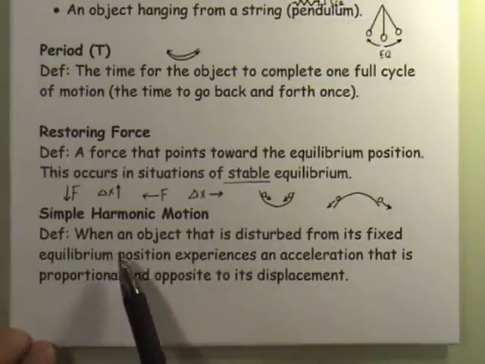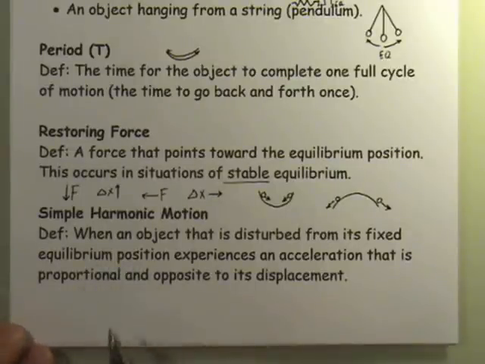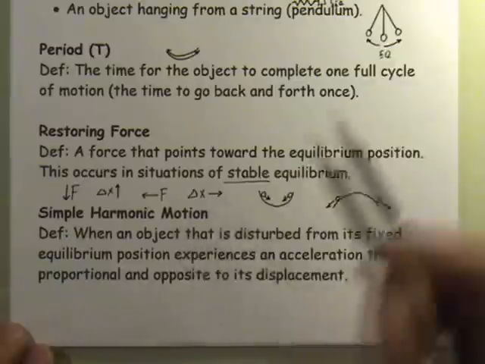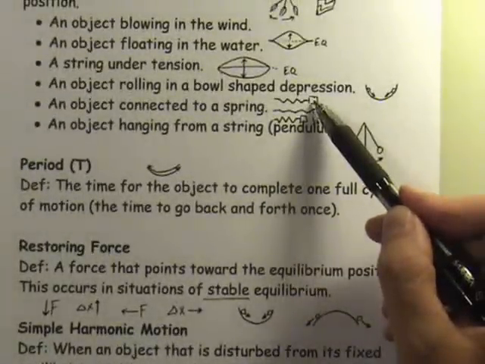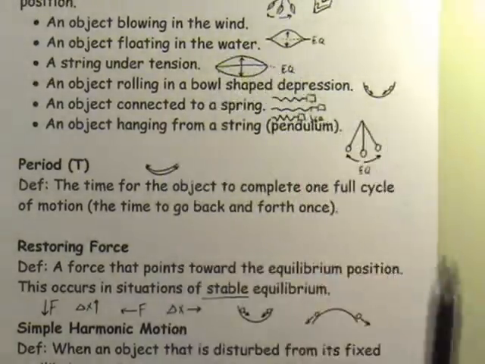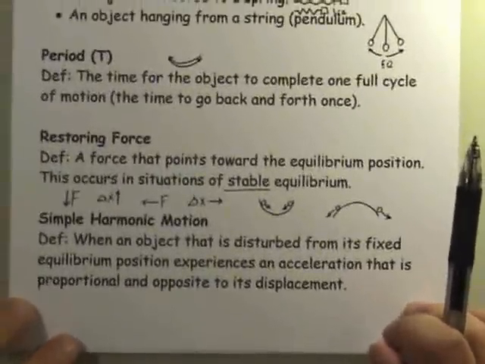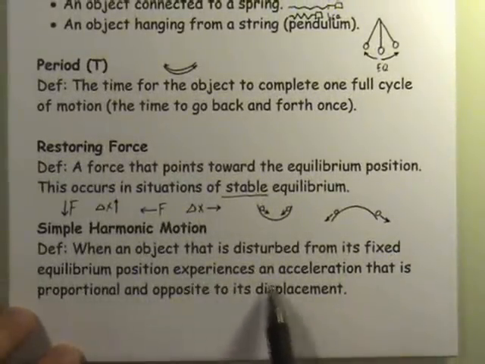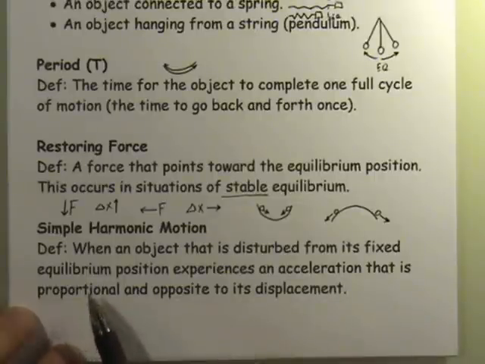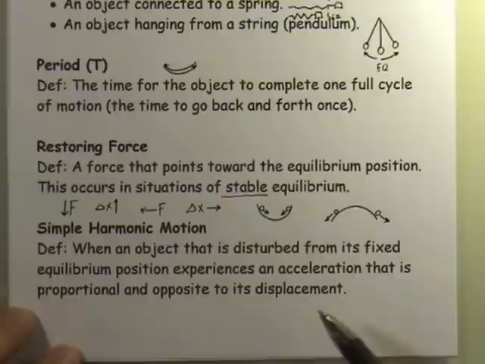The definition of simple harmonic motion is actually in the form of an equation, and that is that when an object is disturbed from its fixed equilibrium position, the bottom of the pendulum, the bottom of the bowl, the place where the spring is not compressed or stretched, the natural place for the string, so when it's displaced from that, it experiences an acceleration that is proportional and opposite to the direction that you've displaced it. You pull it to the right, then it feels an acceleration that is proportional to how far you've pulled it, but in the opposite direction.